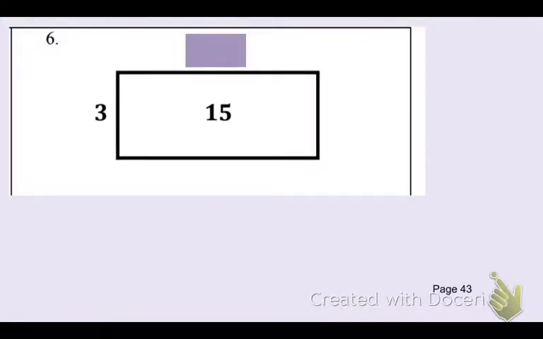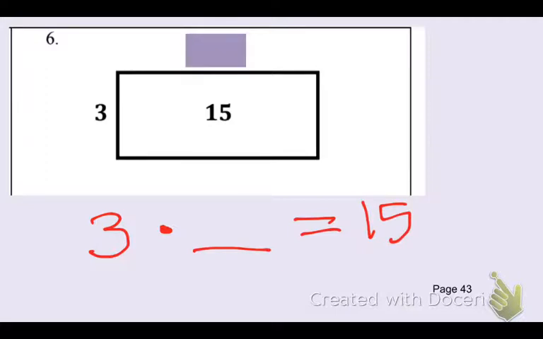All right, so I'm on page 43. So this is a way to show distributive property by a model. So basically what this is saying is 3 multiplied by what gives us 15?